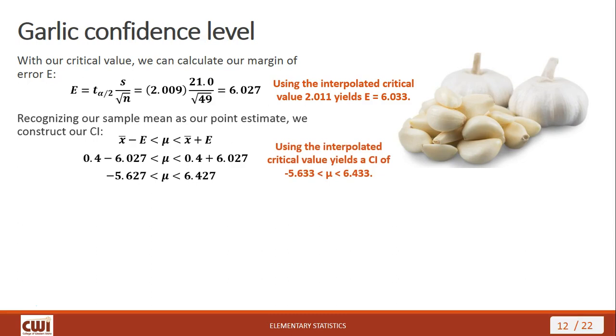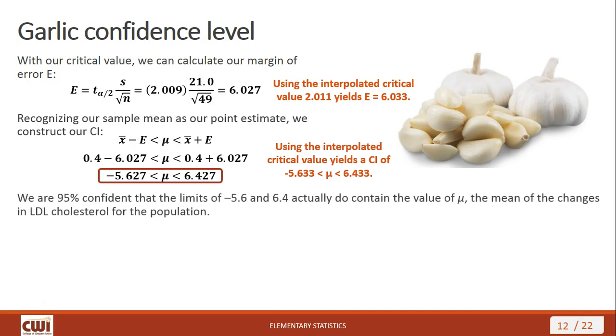If we used the interpolated value for our t-score, we would have gotten an interval from negative 5.633 to 6.433. Again, you're not off by all that much. So we're just going to take this and round it to one decimal point as our confidence interval.